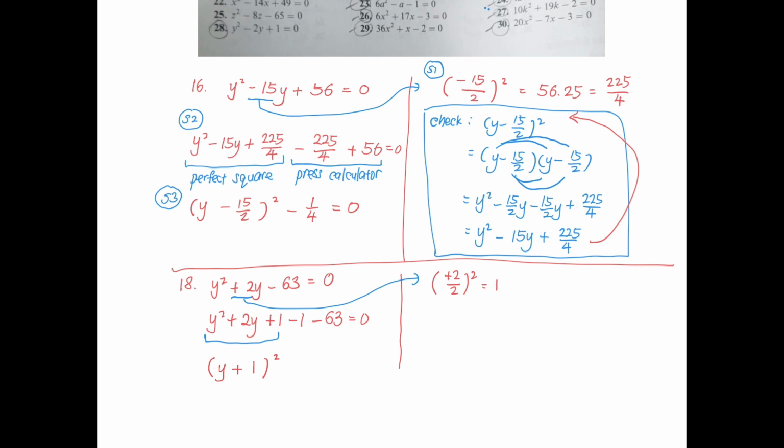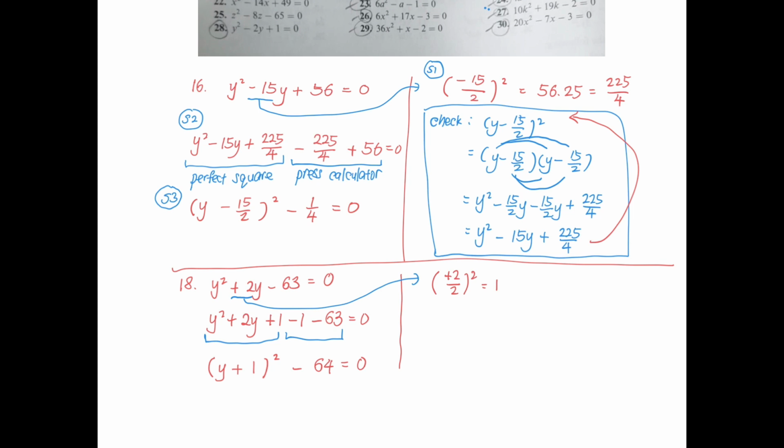And then for the last two terms, we press calculator. Minus 1 minus 63 is minus 64. So minus 64 equal to 0. And settle. So this is perfect. This is completing the square.